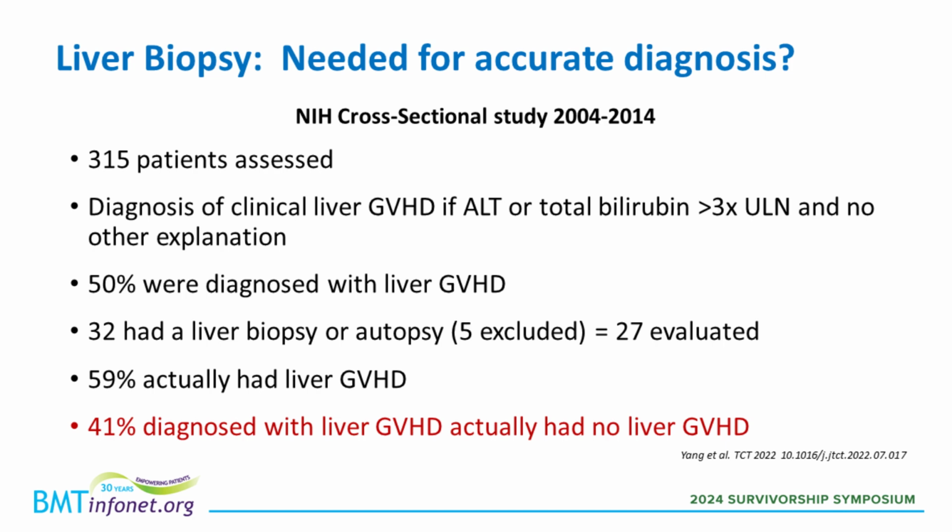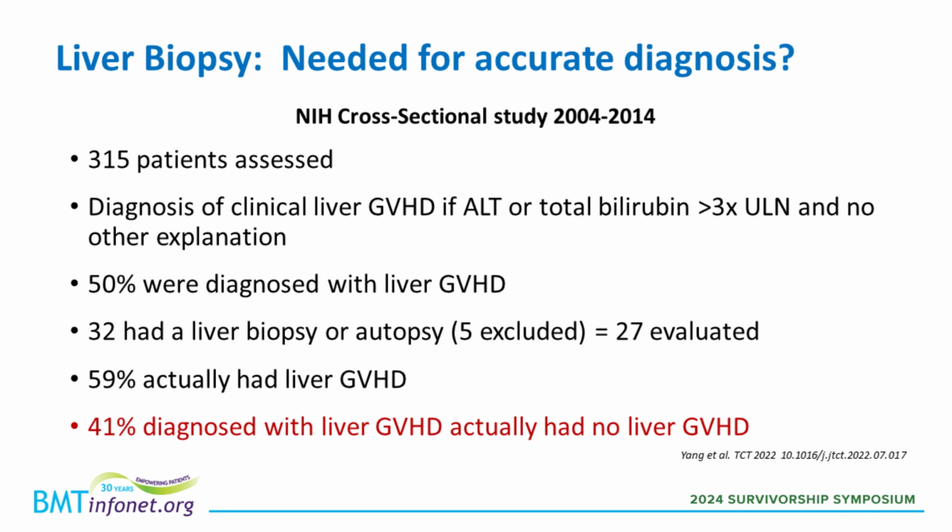So this can have major implications. Patients may be on treatment with immunosuppressive therapies when they might not actually need it, or they might have an underlying condition that is not GVHD that we're not recognizing. There's, of course, the caveat that the biopsy is not 100% diagnostic. Just getting a biopsy doesn't mean we're going to have all the information, because we don't have specific features that definitely tell us.